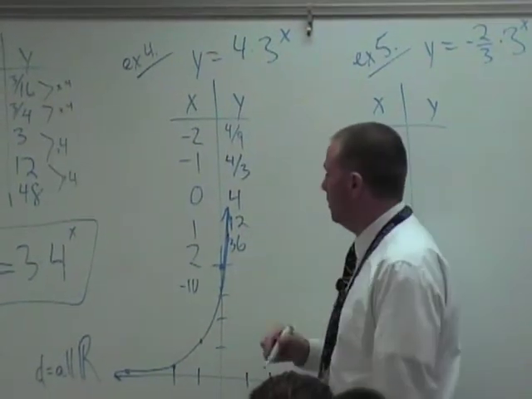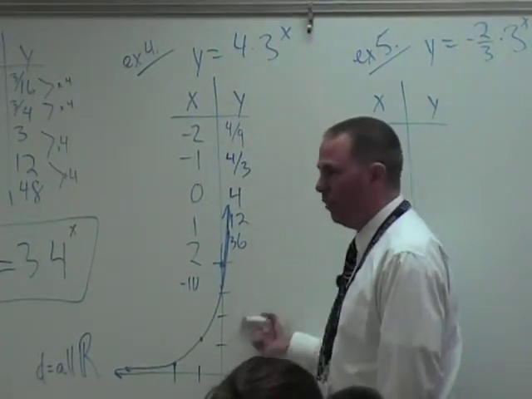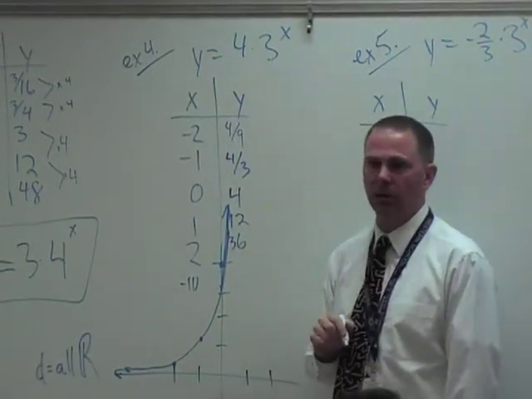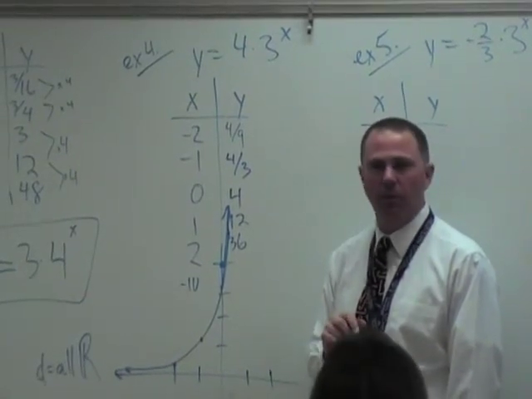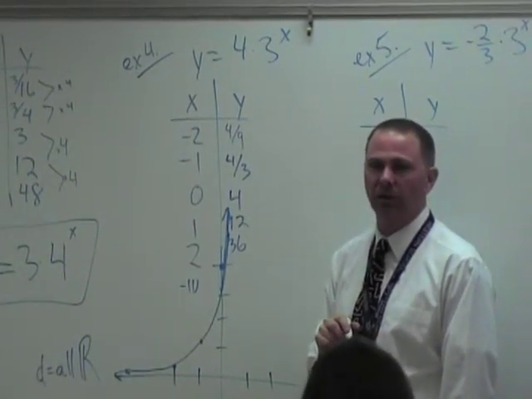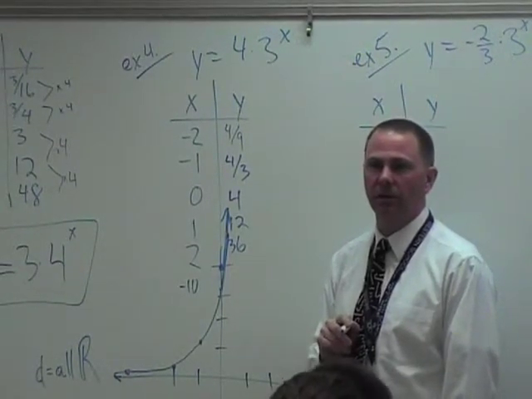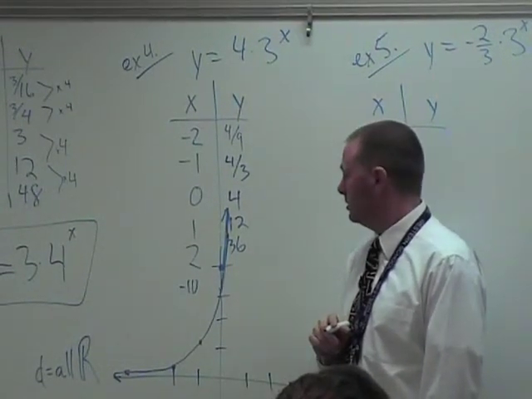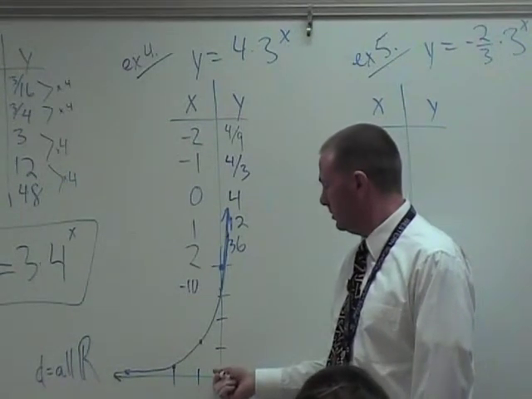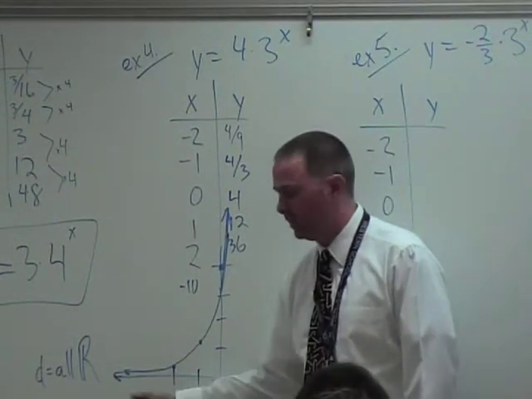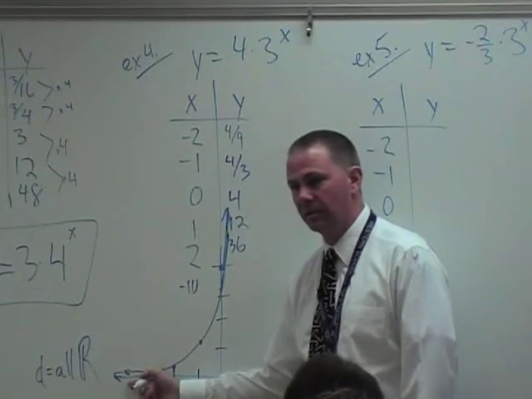Those are real numbers. What about your y values? Do all y values work? Look at your graph. What doesn't work for y values? Well, I don't see any negative values down here, and I said it doesn't ever cross the x-axis here.